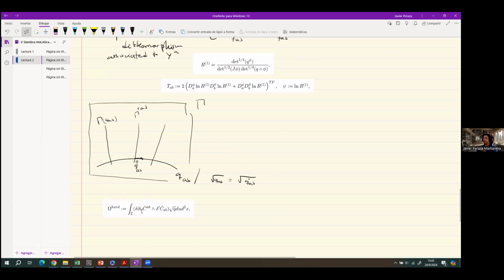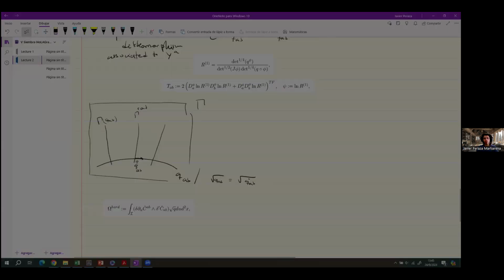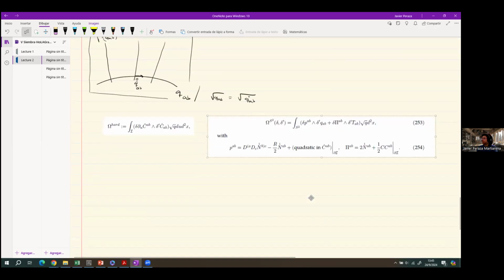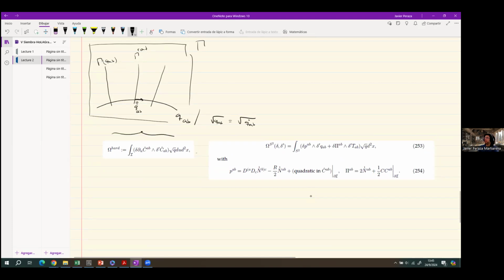So here we have the symplectic form. This is the hard part, or the integral along scri plus. And then we have the boundary term, which is a little bit more ugly. So this is the radiative generalization to GBMS, and this will be the boundary contribution of the new degree of freedom.